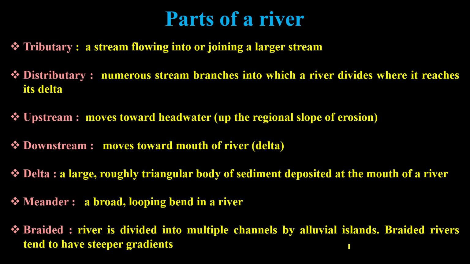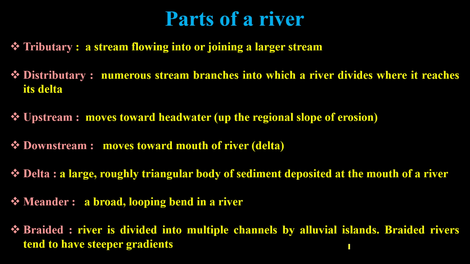Now let's talk about these terms as well: upstream and downstream. You will frequently get these terms in our lecture. What is upstream? It moves towards the headwater, up the regional slope of erosion. What is downstream? You all know this, but still, it moves towards the mouth of the river.